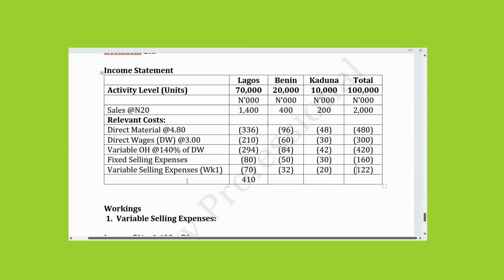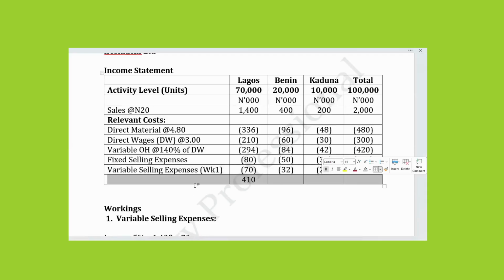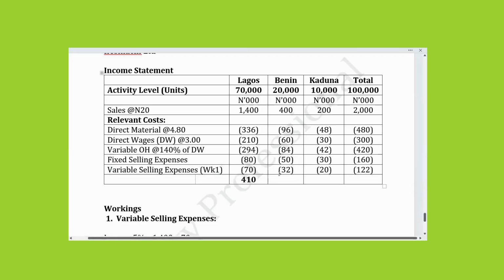Next. For Benin, 154. That's 30 for Kaduna.